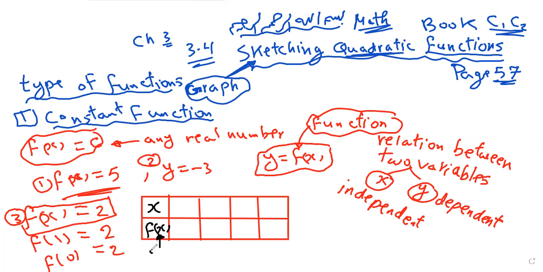If you put x -1, f of x will be what? 2. If you put x 0, f of x will be 2. You see it? It's always 2. If you put x 1, then f of x equals 2. It's constant, fixed. No change for y. Then if you put x 2, the function will be 2.